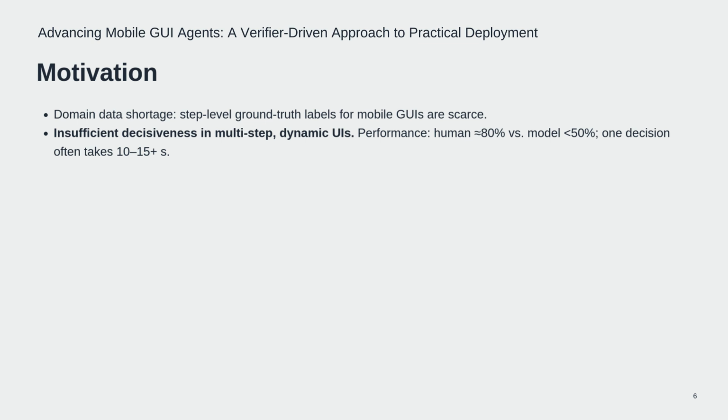gap. And on top of that, latency is a serious issue. Many of these agents take many seconds, sometimes tens of seconds, per action decision. That's far from real time. Simply throwing a larger LLM at the problem, like GPT-4, improved understanding but did not break the 50% success barrier and still incurs high delay.